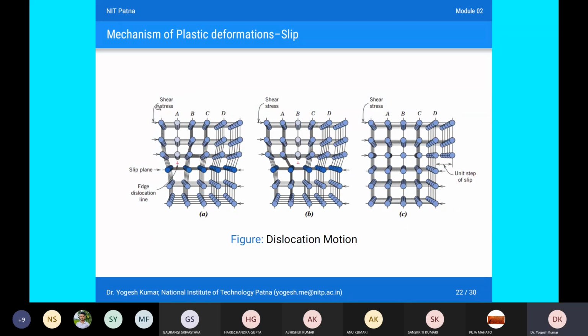Okay, so here you can see how the plastic deformation due to slip takes place. So during the slip, we can say that in the material structure, we have one extra half plane of atoms.